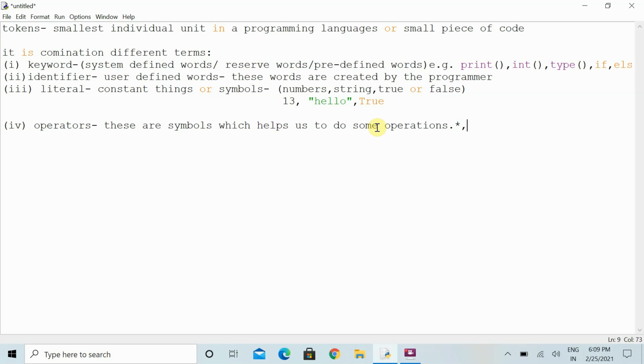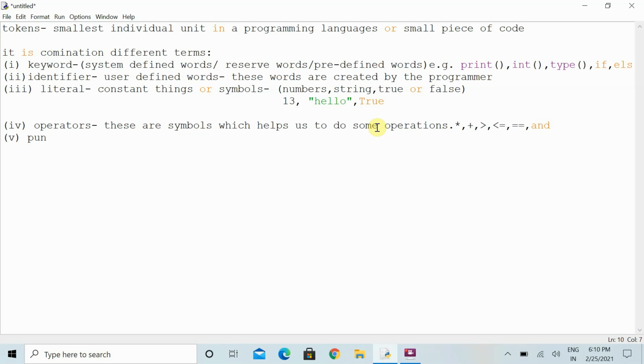If we want to do addition, we can use the plus symbol. When we are comparing, we can use greater than, less than or equal to, and double equal to. There are so many symbols that we will discuss in detail in upcoming videos, or you can see my cs2study.com website, where you will see all the things.